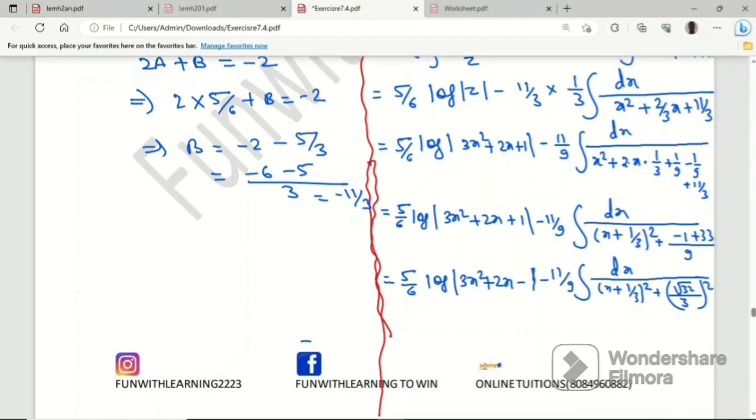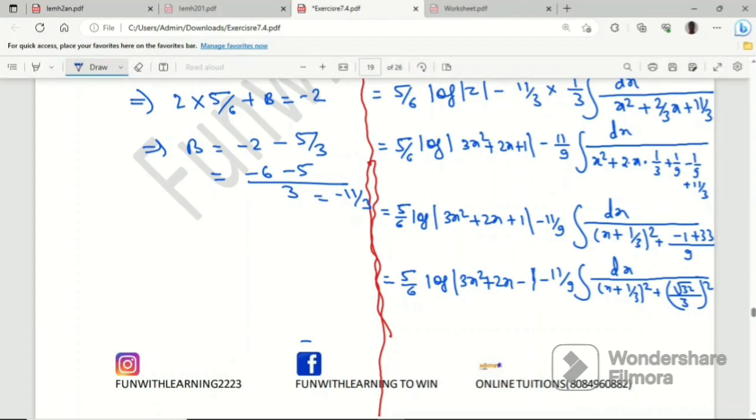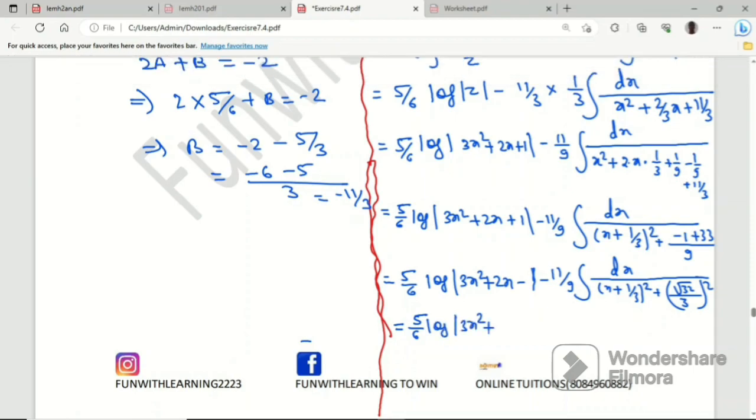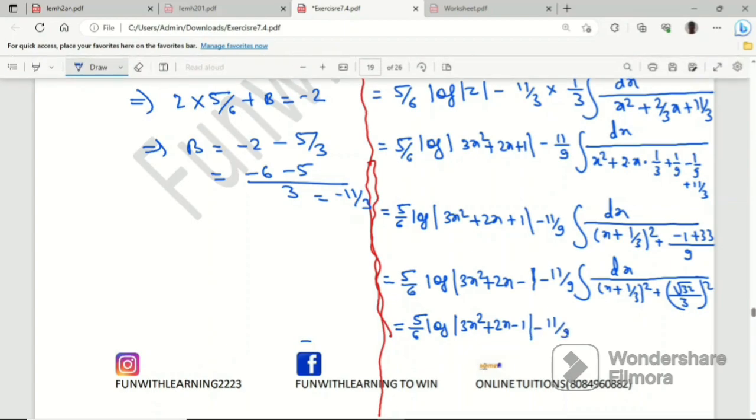So now I can use here the formula of x square plus a square. So I'll write here 5 by 6 log 3x square plus 2x plus 1 minus 11 upon 9 into, it is in the form of x square plus a square.